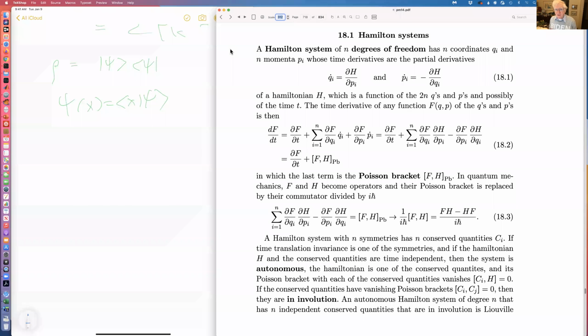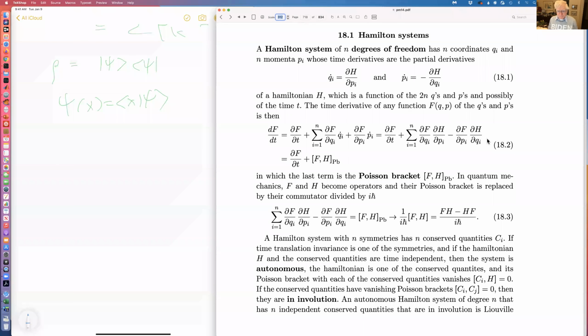I'll just say something about Hamilton systems. If you have a Hamilton system of n degrees of freedom, you have n coordinates, n momenta, and their time derivatives are these partial derivatives of the Hamiltonian. And what you can then say is the time derivative of any object is the explicit time derivative plus something called the Poisson bracket, which is given by this expression here.